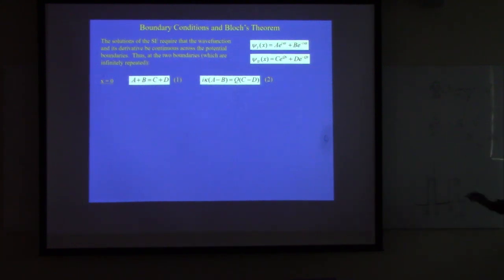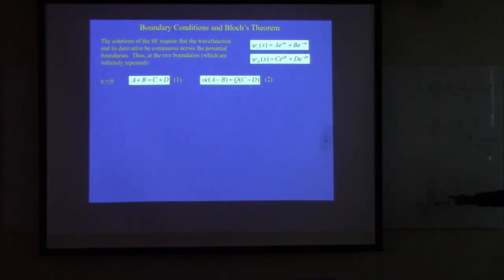This is psi 1, this is psi 2. Now if I want to calculate psi 2 at x equals a, how do you do that?